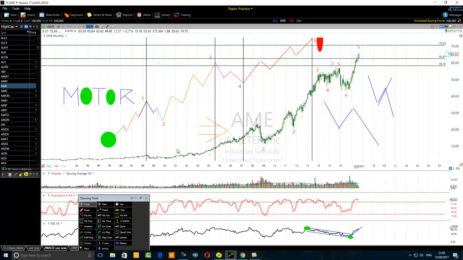Because we are talking multi-wave, anytime you see an impulse wave and a normal correction, the following impulse wave has a high chance to have the structure of the prior impulse wave. What we are talking about today is not only about the Elliott wave extension, talking about the first, the third, and the fifth wave can be extended, and the bottom line is what can we deduce from that and make excellent trading decisions.